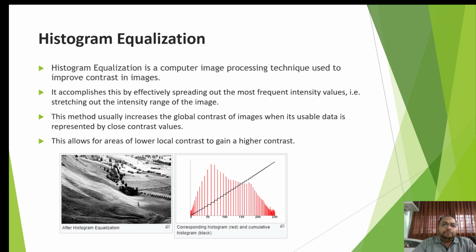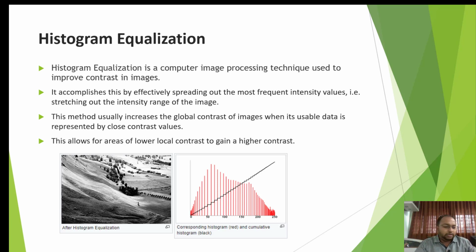It accomplishes this by effectively spreading out the most frequent intensity values, that is, stretching out the intensity range of the image. That means we are going to stretch out the frequent intensities.